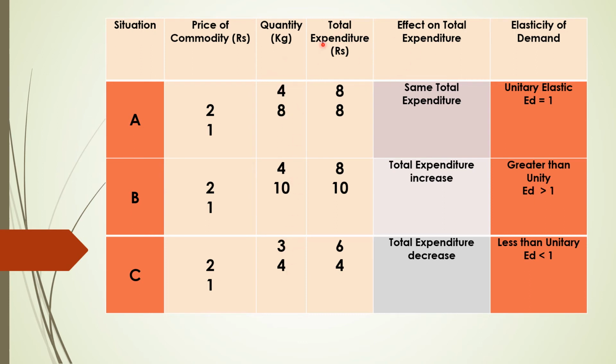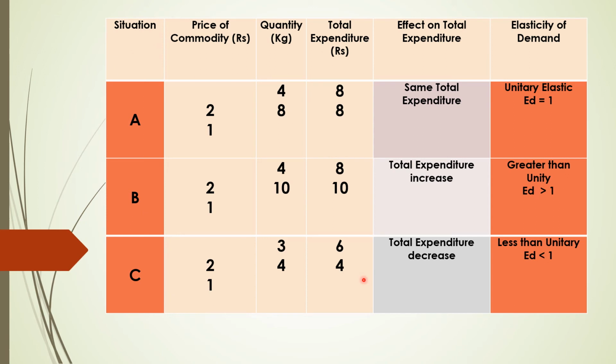Total expenditure: how do you get the total expenditure? Just now you saw the formula, P into Q. So 2 into 4, 8; 1 into 8, 8; 2 into 4, 8; 1 into 10, 10; 2 into 3, 6; 1 into 4, 4. Is it clear for everyone?